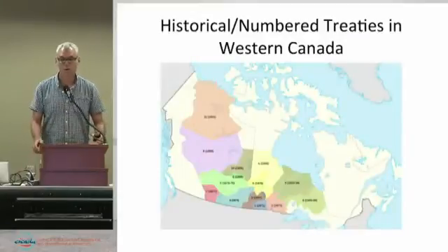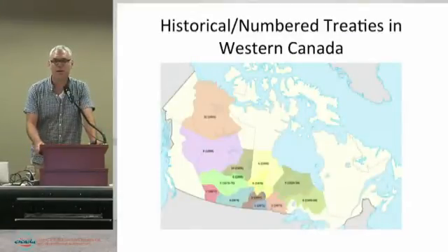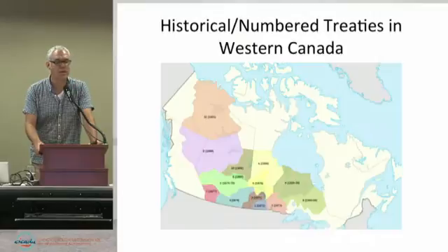When we're talking about land rights and Aboriginal identity in Western Canada, particularly the Prairie Provinces, we're talking about historical treaties that were signed between 1871 and 1921.